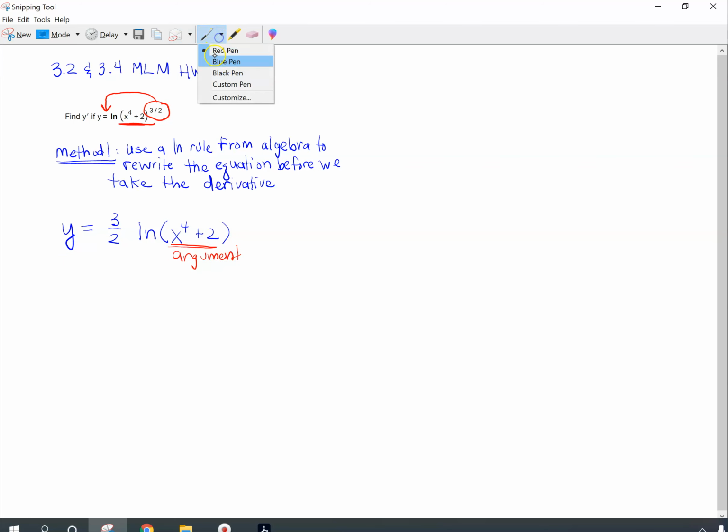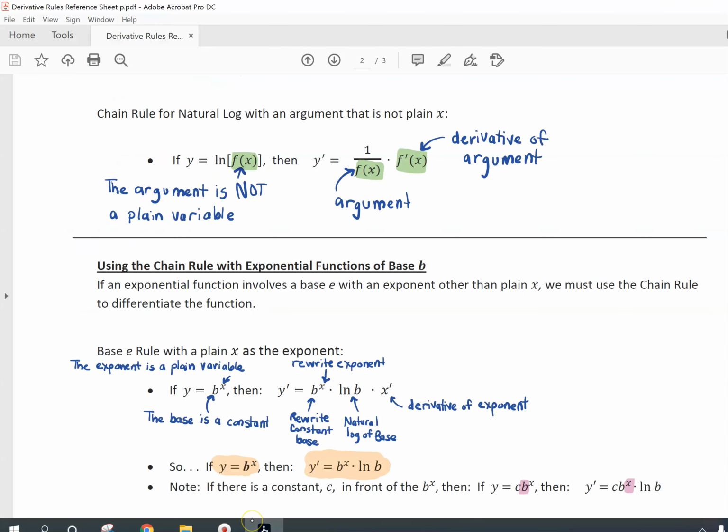So I'm going to take my derivative, so y prime. This 3/2, so if I came back over here to this rule, if there's a constant in front of that natural log, that constant ends up in the numerator because there's technically an understood 1 in front of that natural log to begin with, and we end up with a 1 in that numerator, right?